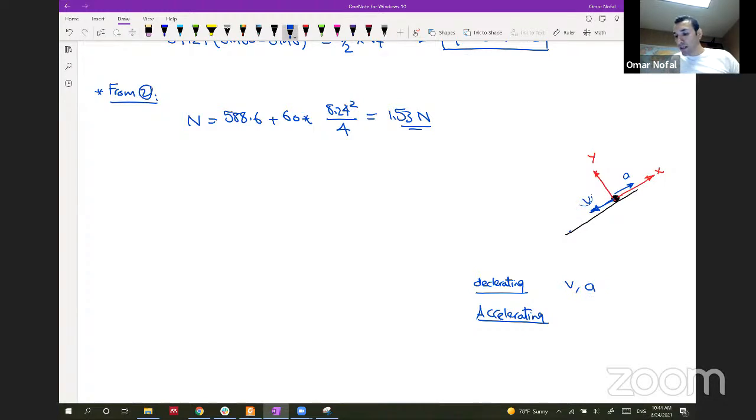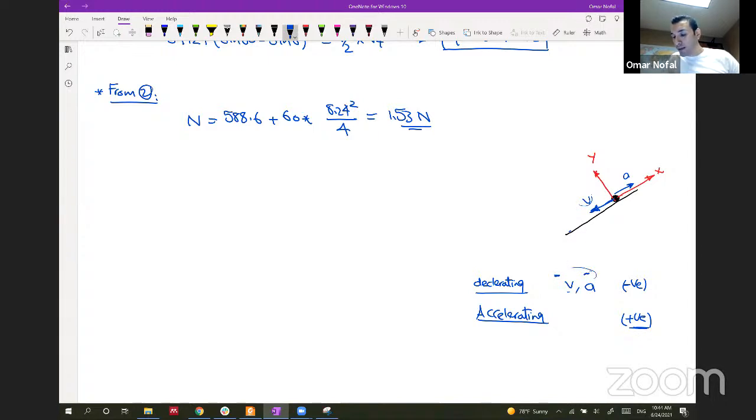If it gives you a positive value, it means it's accelerating. If it gives you a negative value, it means decelerating. And let's test this. If the velocity is negative and the acceleration is negative, you multiply negative by negative, it will give you positive. That means that the velocity is accelerating, but in the negative direction.